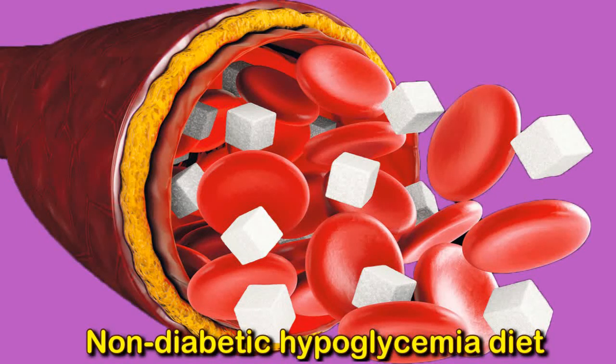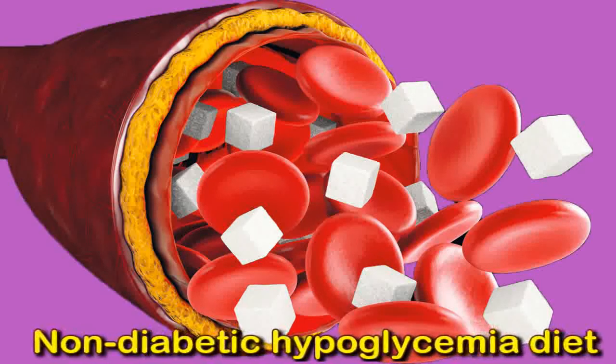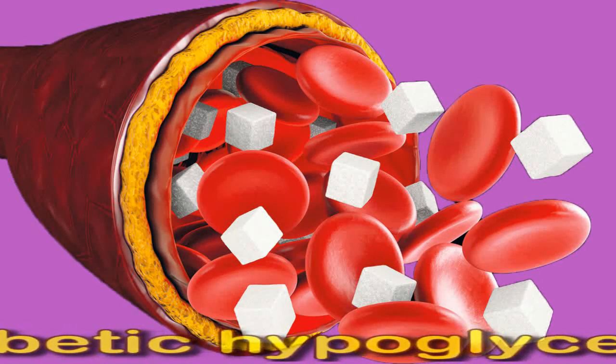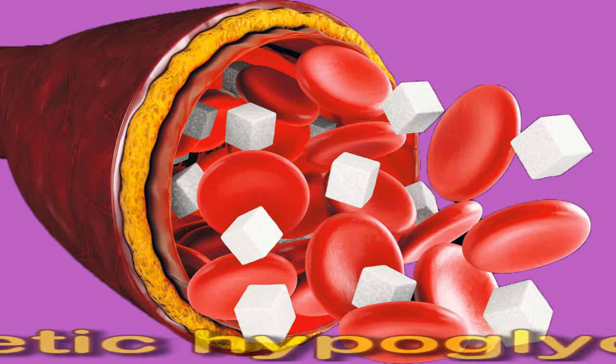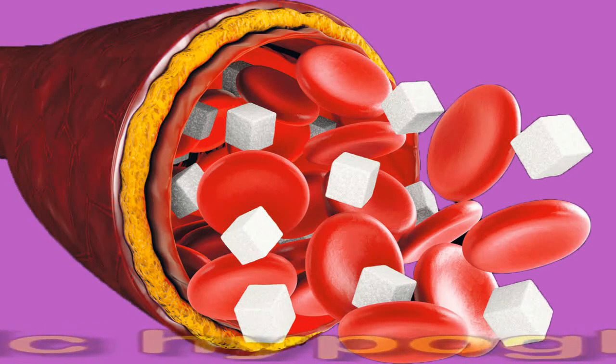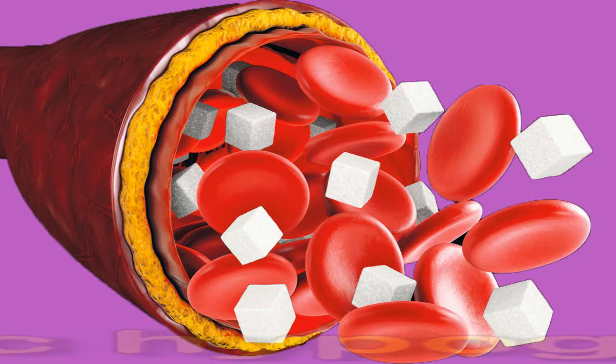Avoiding sugary foods. Carrying a snack to eat at the first sign of hypoglycemia can prevent blood sugar levels from dipping too low. Ultimately, the best way to prevent hypoglycemia is to identify and treat the underlying cause.